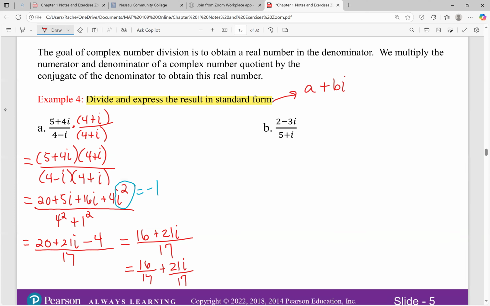So now I'm in standard form. The real part, the a, is 16 over 17 plus the b, which is 21 over 17 times i. So another way you could think about writing this is 16 over 17 plus 21 over 17 i. So that's how we would write our answer in standard form. Just divide out by the denominator.